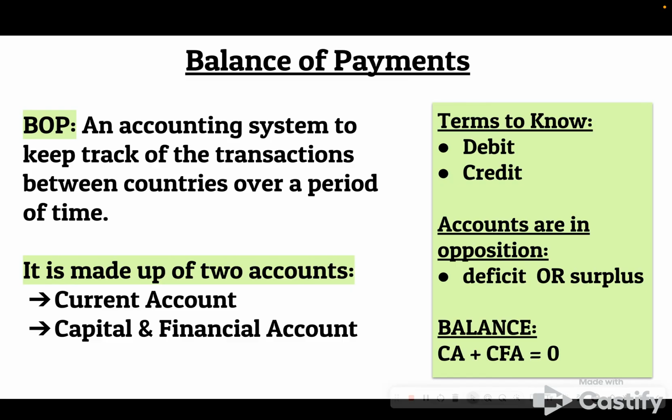And the last thing that sort of piggybacks on that concept of opposition is the fact that these two accounts balance one another. So when you add the two amounts together, they should equal zero. So if one account is in a $200 million deficit, then that means that the other one would be in a $200 million surplus. And if you add those two together, you would have zero.